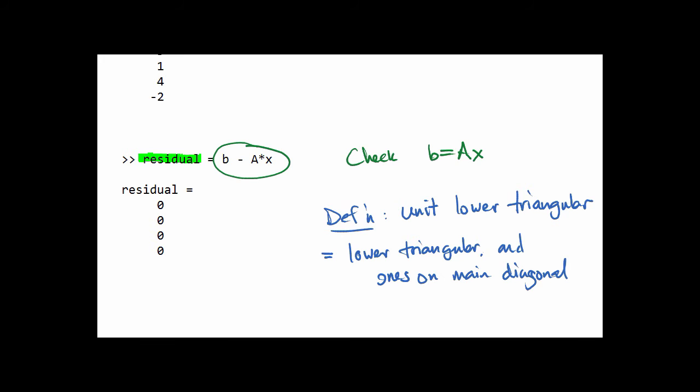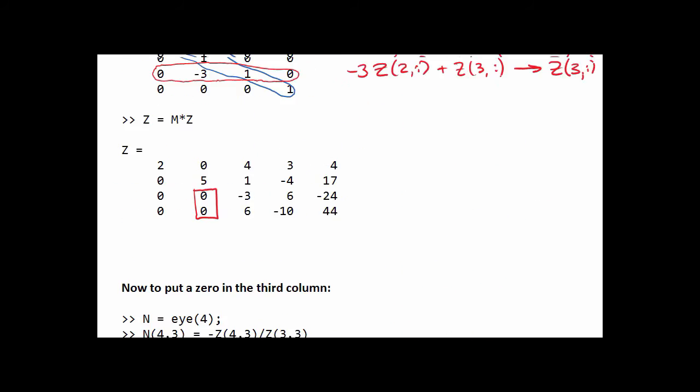So those are exactly the matrices that we got as our row operation matrices. They are all unit lower triangular: the L, the M, and the N.